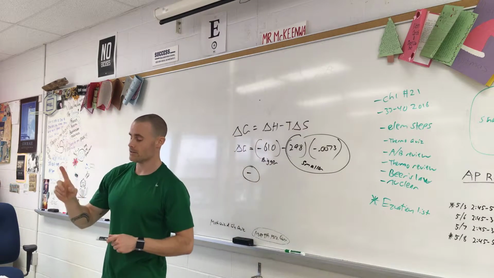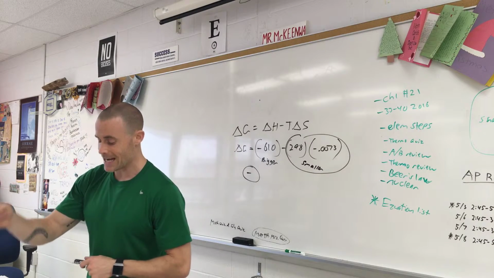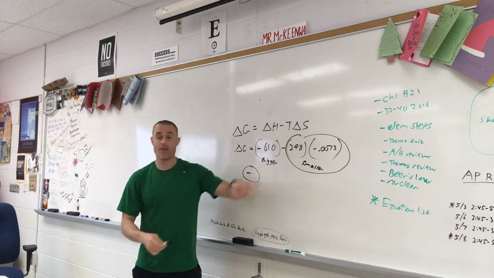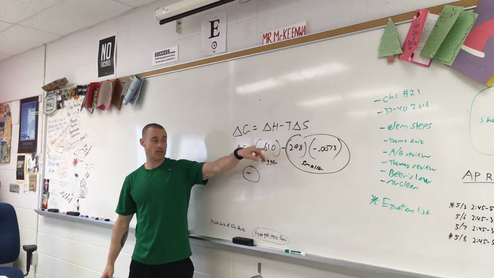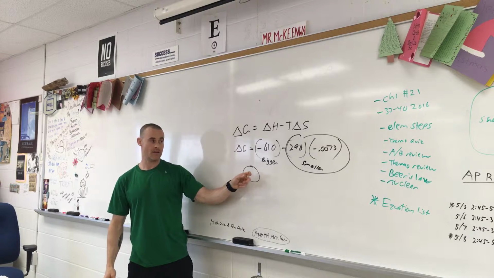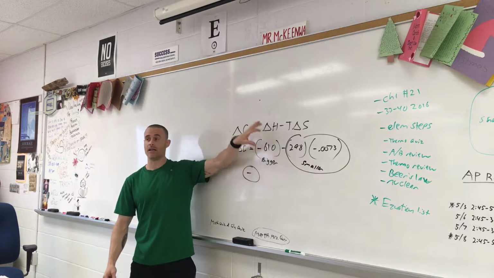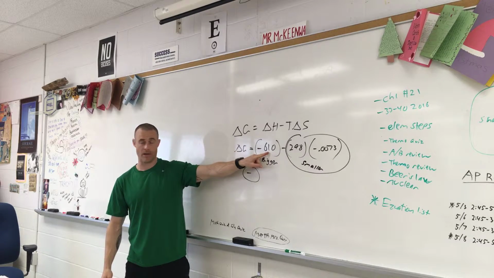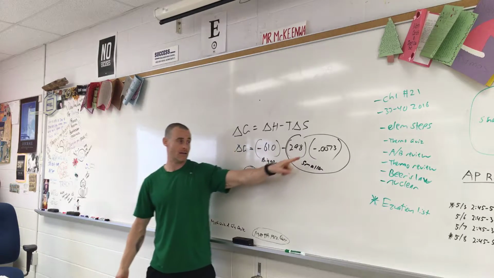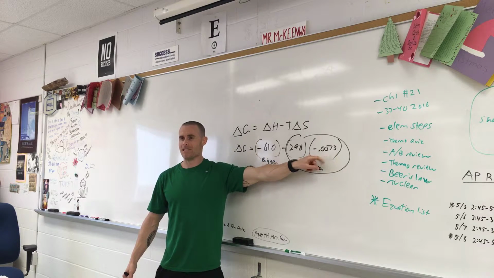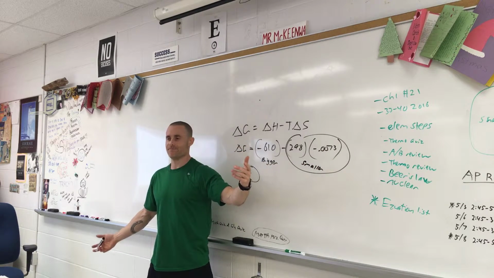But hold on. The reason it's C, not D, is exactly the same explanation. This being much larger than this is why delta G is negative. That's why it's thermodynamically favorable, only because the delta H is such a big negative. I guess you could argue that because this is small, technically, but that's not how it works.